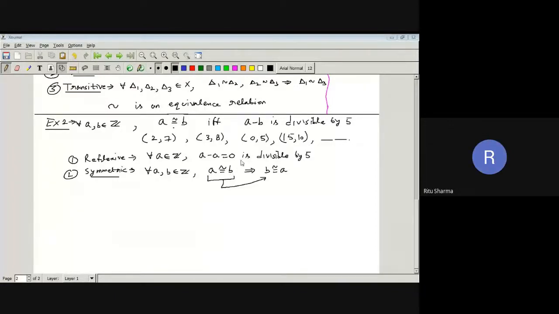So if a is in relation with b, what does it imply? It implies a minus b is divisible by 5.